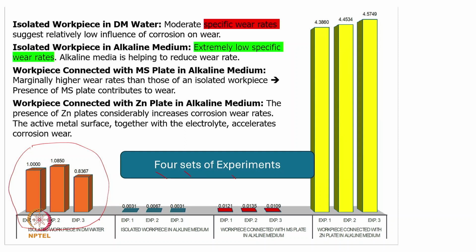It showed that initially there is some wear, but when we make the medium alkaline, then the wear rate is reduced. In the presence of mild steel, which is another material we are trying to bring, the wear rate increased to some extent, but not to a significant extent. But now, if we bring in zinc, the wear rate increases significantly.